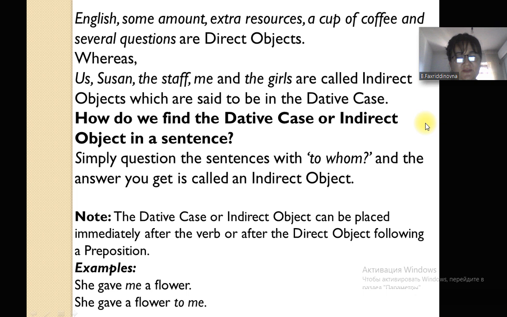Note, the dative case or indirect object can be placed immediately after the verb or after the direct object following a preposition. For example, "She gave me a flower." "She gave flowers to me."